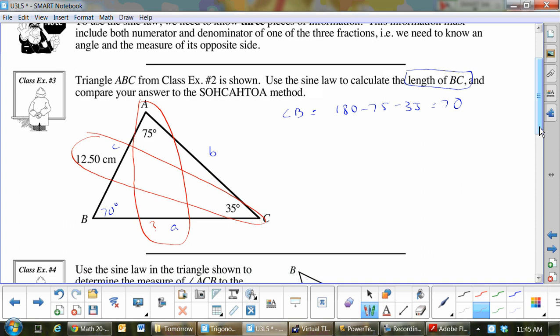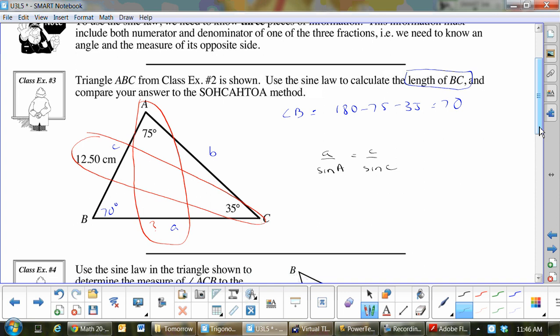Now, because I'm looking for A, I'm going to do this. A over sine A equals C over sine C. Okay, so I want you to see what I did. Now, I could have done sine A over A equals sine C over C too.